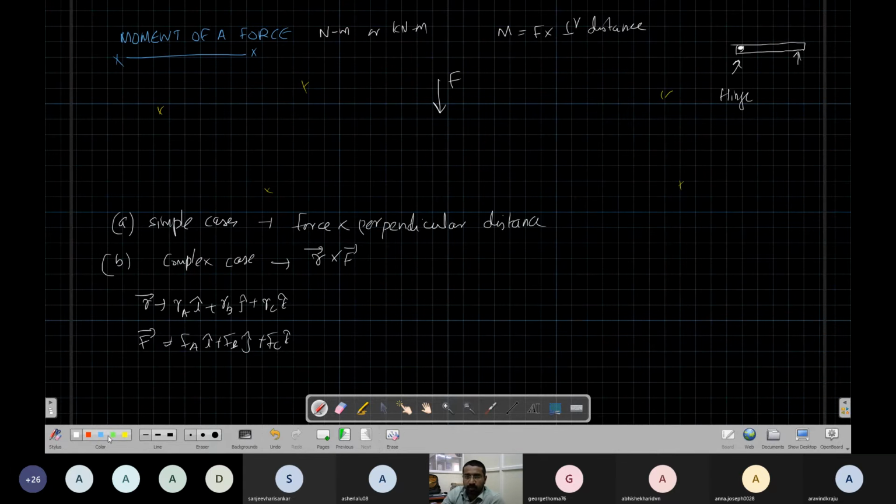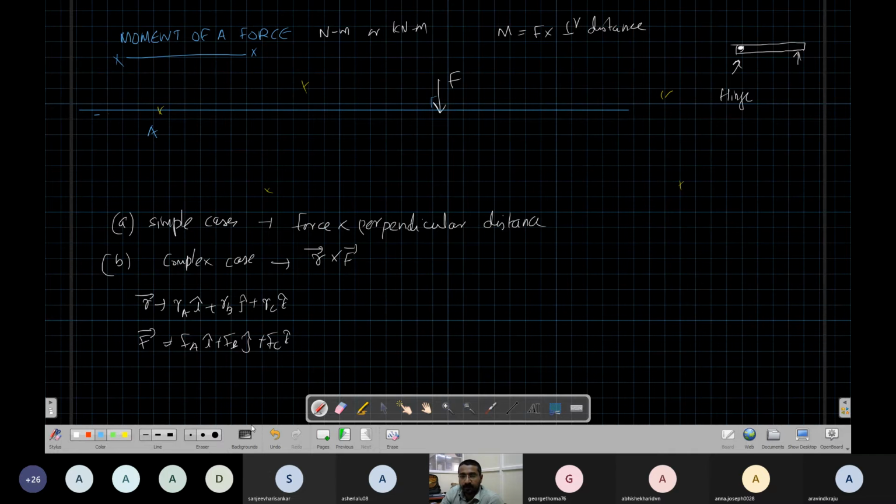Let's say I want to find the moment of this force about this point A. How do I find it? Simple. I draw a straight line, and I find the perpendicular meeting the line of action of the force. This distance I will take.